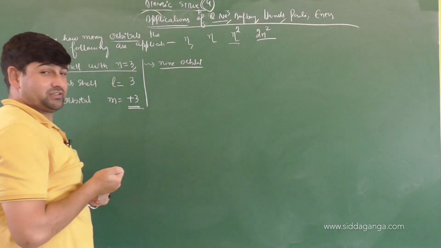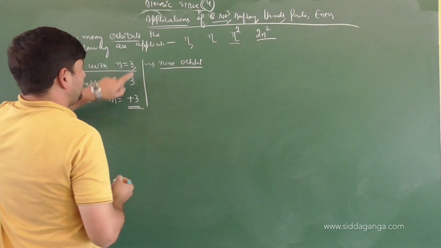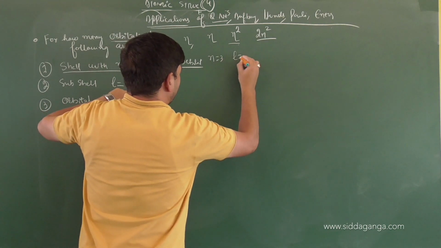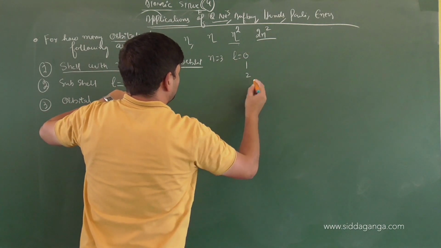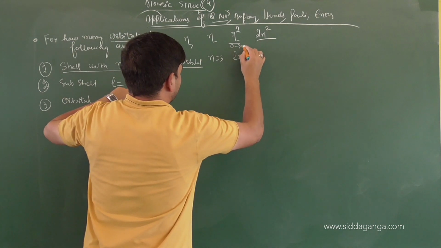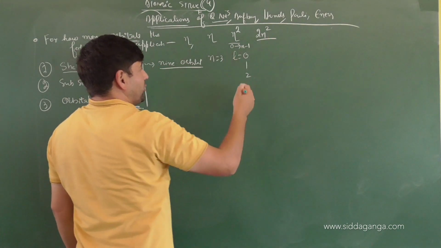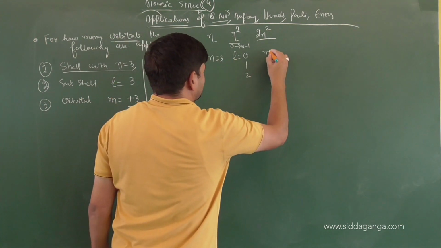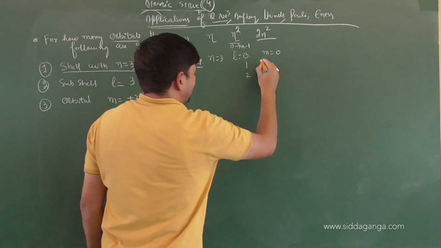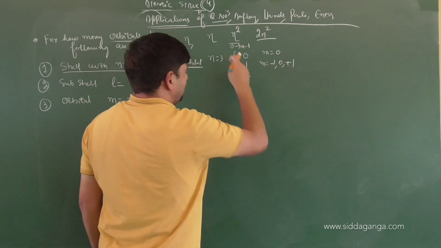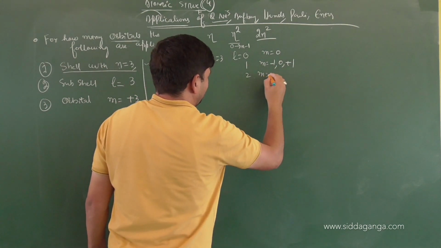Want to find that out, how? Yes, let's have a look. What is the n value? 3. So when n value equals 3, what are the values of L? 0, 1, 2. We know it, 0 to n minus 1. Okay, so this represents the subshell. How many orbitals? When L is 0, how many values of m? 0. When L is 1, how many values? Minus 1, 0, plus 1. When L is 2, how many values of m?